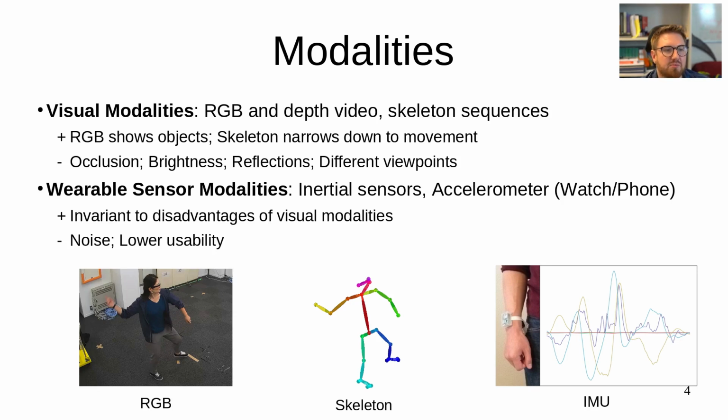We propose an approach for the incorporation of additional sensor modalities into an already existing skeleton graph. For that we rely on visual modalities like RGB sequences, which we transform to skeleton sequences.